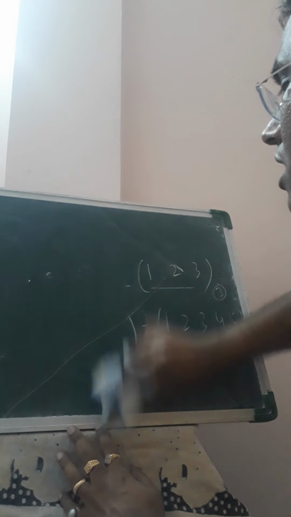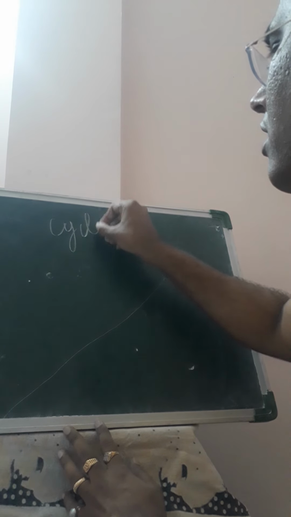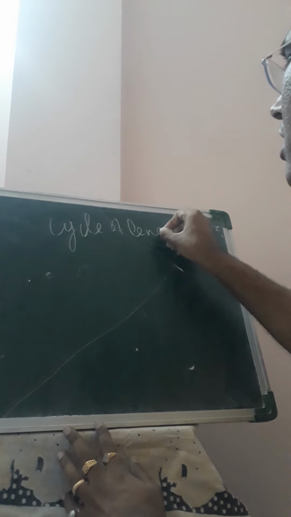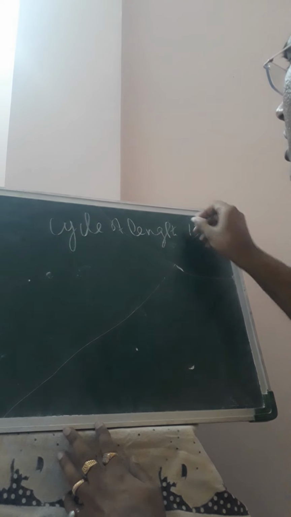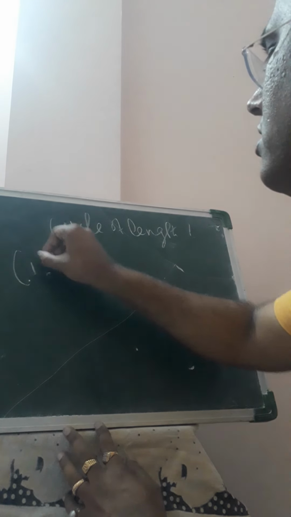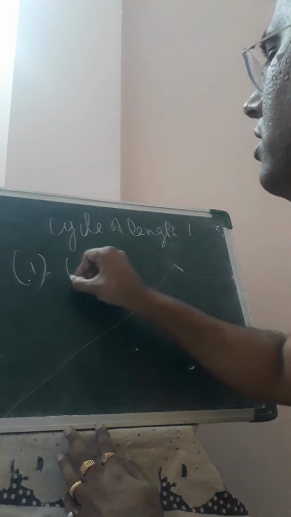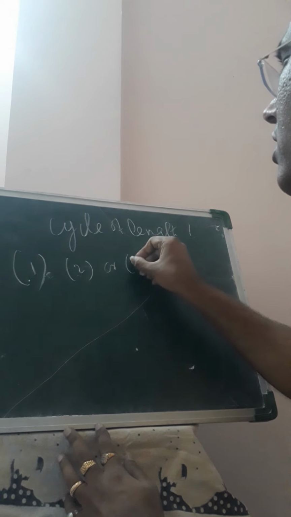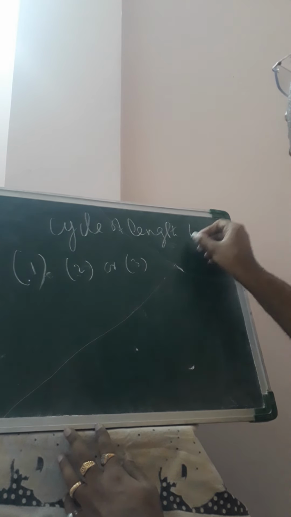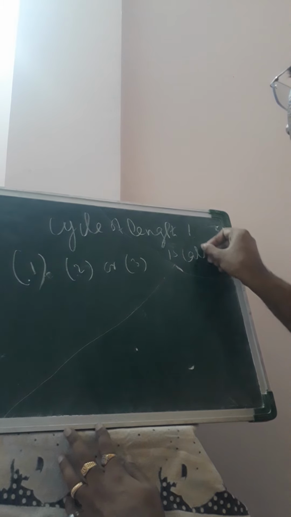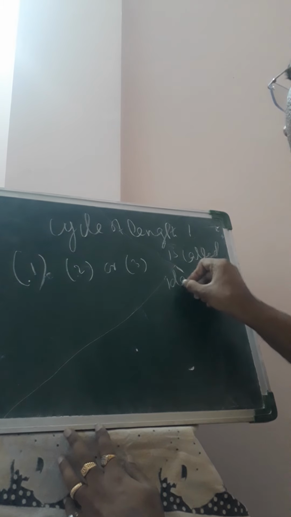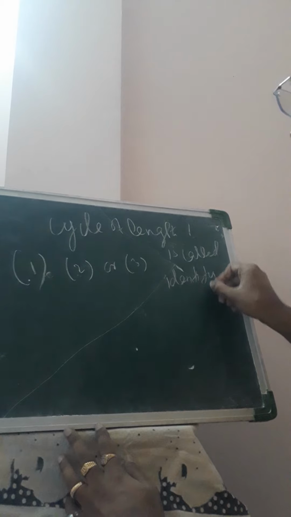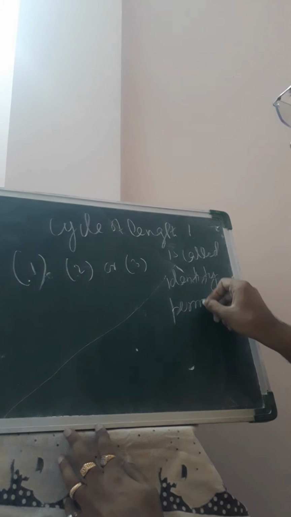Here, the cycle of length 1, that is the permutation (1) or (2) or (3), is called the identity permutation.